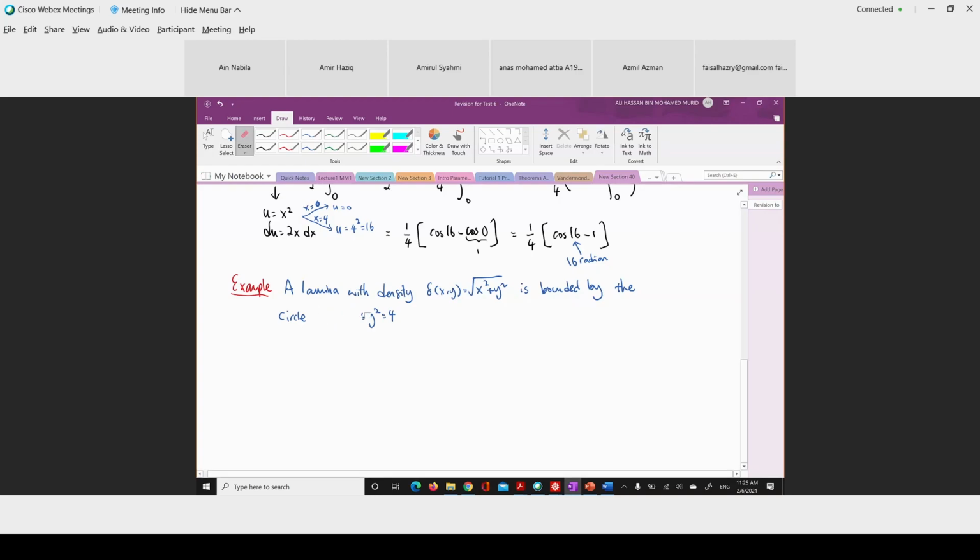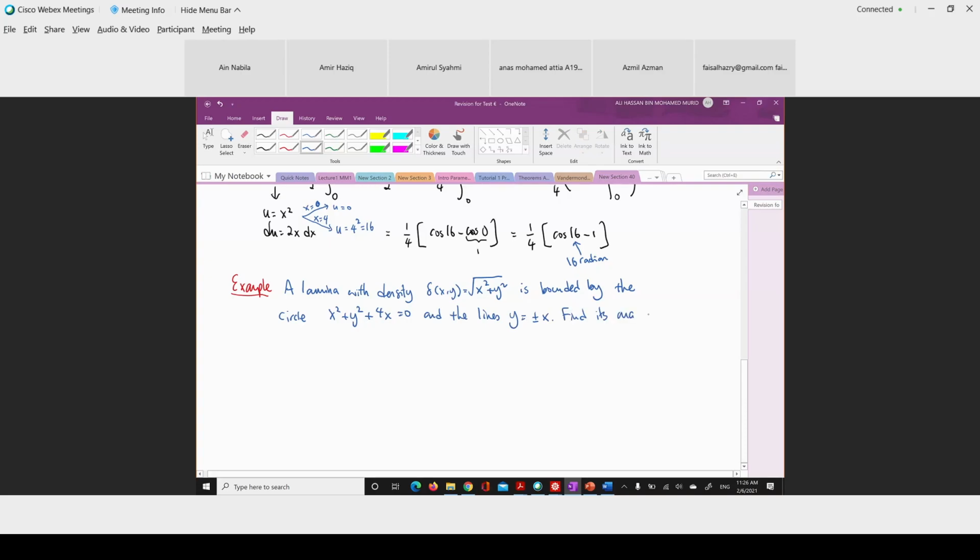Let me first write the equation in this form: x squared plus y squared plus 4x equal to 0. And the lines y equal to plus or minus x. Find its mass.